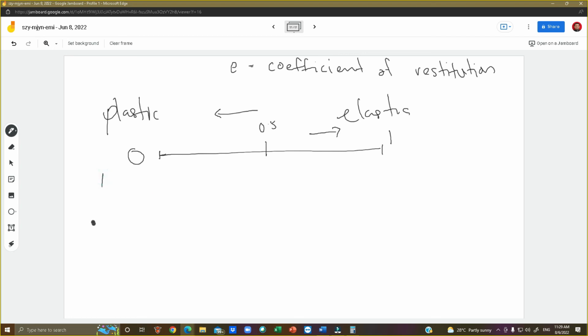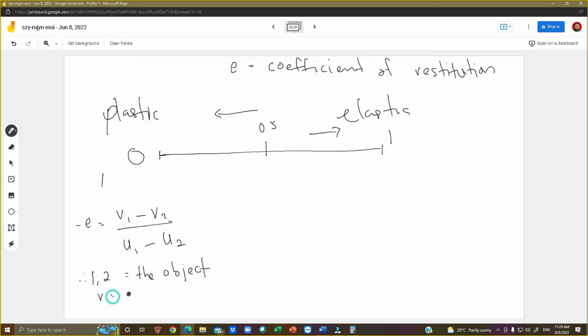Okay, so in order to find out the coefficient of restitution, there are two ways. The first one, we use this equation: e equals (V1 minus V2) over (U1 minus U2), where 1 and 2 are the objects. Okay, 1 is the ball, 2 is the thrown ball.